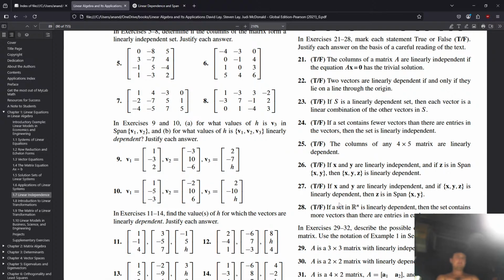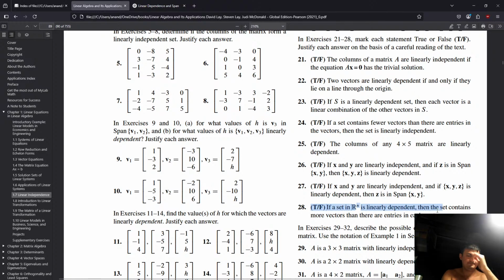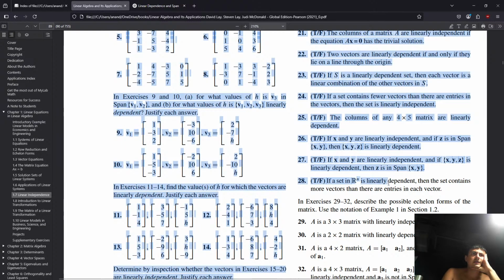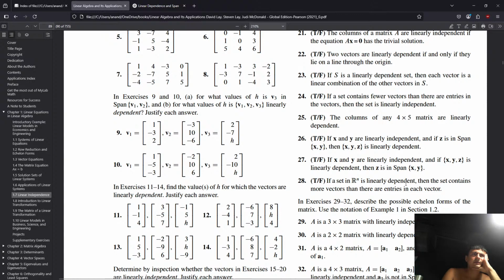If a set in Rn is linearly... okay, 28. If a set in Rn is linearly dependent.